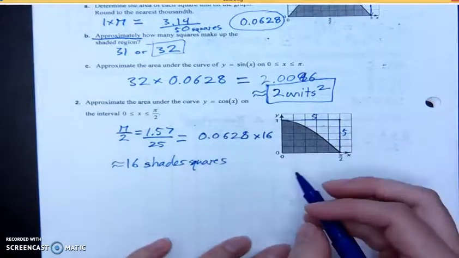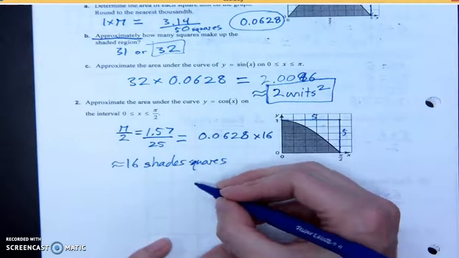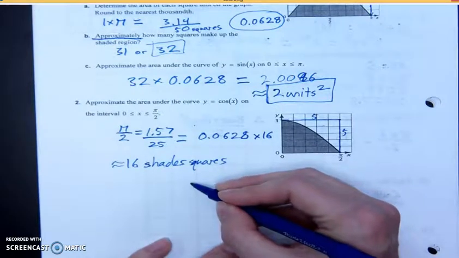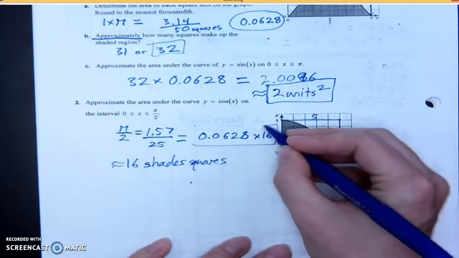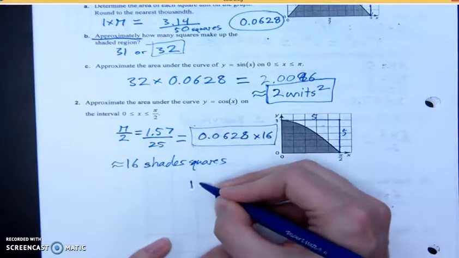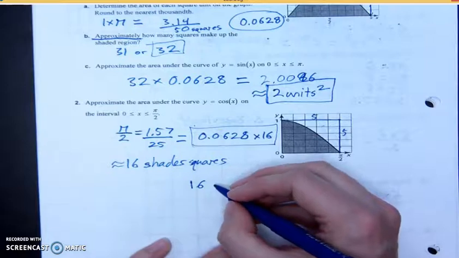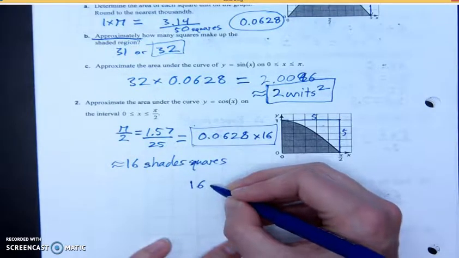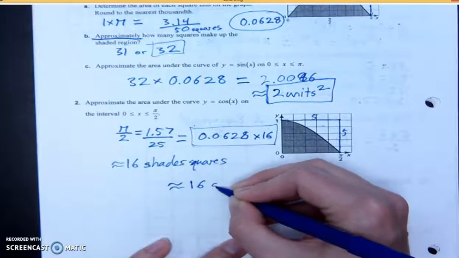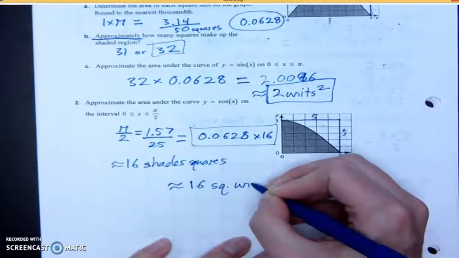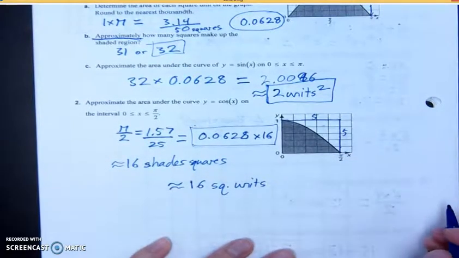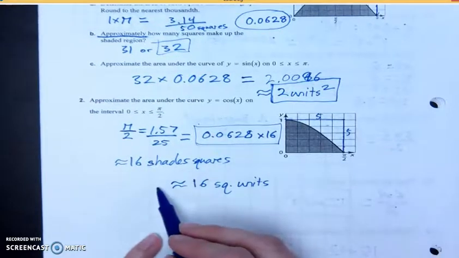Okay, and so then it comes out to about, what is that when you multiply it? 16 point something. You just got 16. So approximately 16 square units.